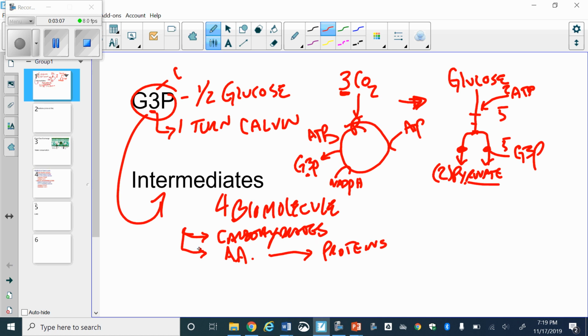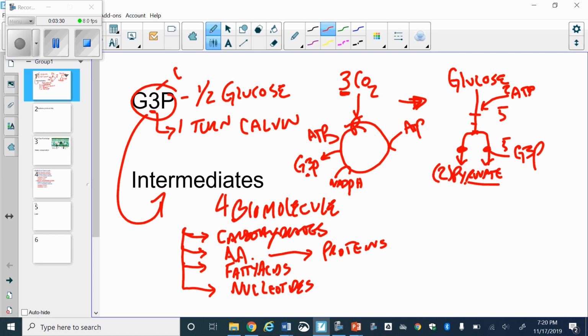We can also use it as a backbone for a lot of our fatty acids. In addition to the fatty acids, we can also use it as a backbone for our nucleotides. So that means that we can make pretty much every single type of biomolecule using those G3Ps.